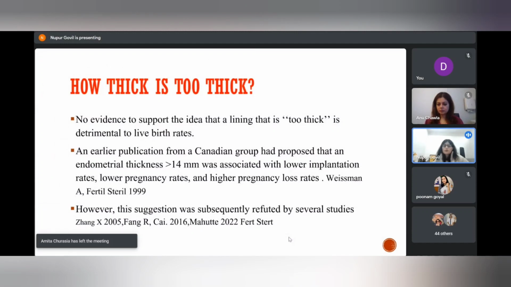Earlier studies proposed that an endometrial thickness of more than 14 mm was associated with lower implantation, but they refuted this and said that there is no cutoff, and the thicker the endometrium, the more chances of pregnancy. And now this suggestion has been refuted by several other studies which have been done recently.